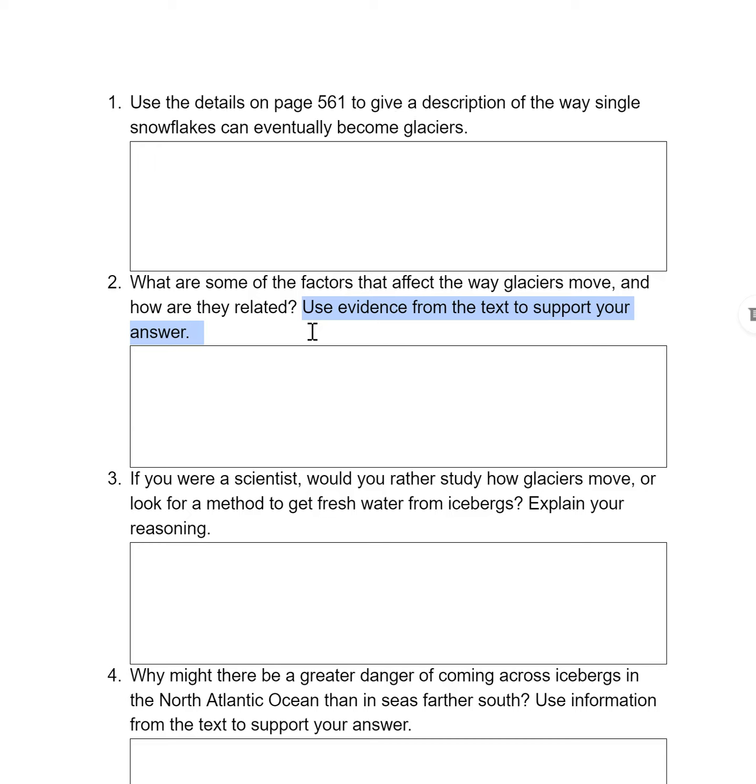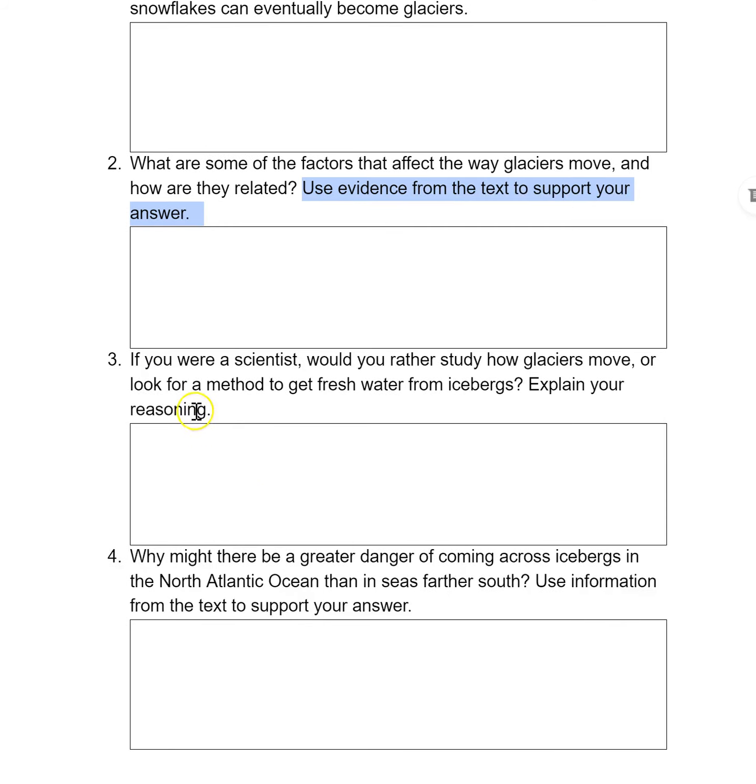That's one factor, and that can cause the glaciers to move by sliding across the ground. And the second way is by the weight of the glacier. If it gets packed up too high, those ice crystals begin to slide down on top of each other. And again, that's on page 562, paragraph 3 and paragraph 4.